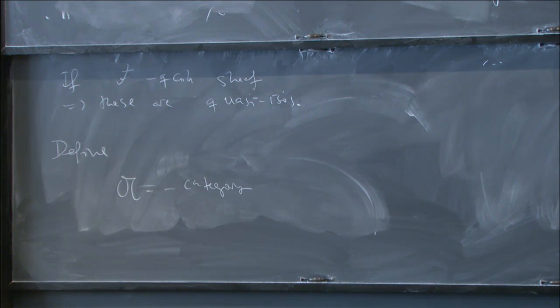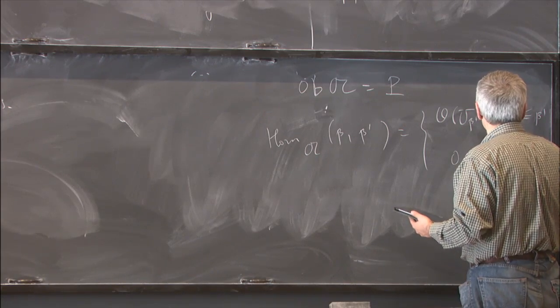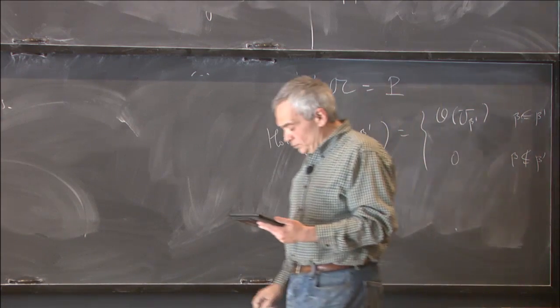Above, you mean for beta prime less than beta? Yes. Well, beta prime bigger than beta. Yeah. So beta less than or equal to beta prime, and 0 if beta is not beta prime.